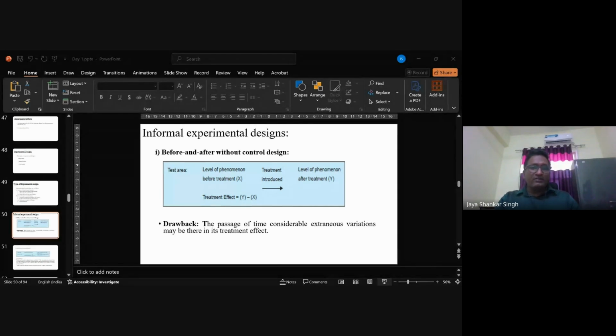What happens, you measure the phenomena before introducing the treatment itself. Treatment is clear to all of you, right? And then you take the difference of the effect in the test area minus the effect in the control area.